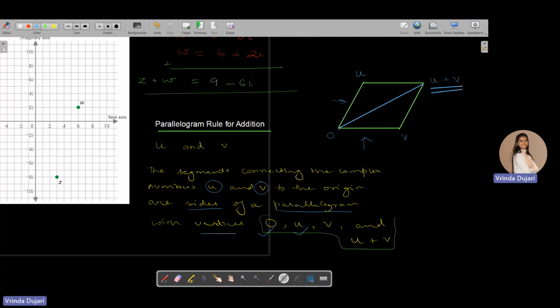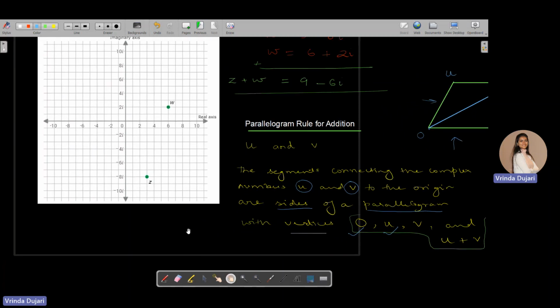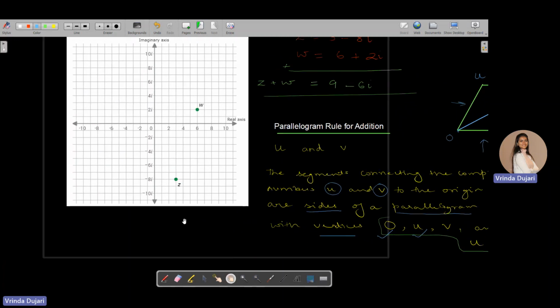Now let's come back to our question. It will make things much clearer for you. So I have two complex numbers, w and z, and I want to find out what w plus z will be. So what I'll first do is connect these two complex numbers with the origin.